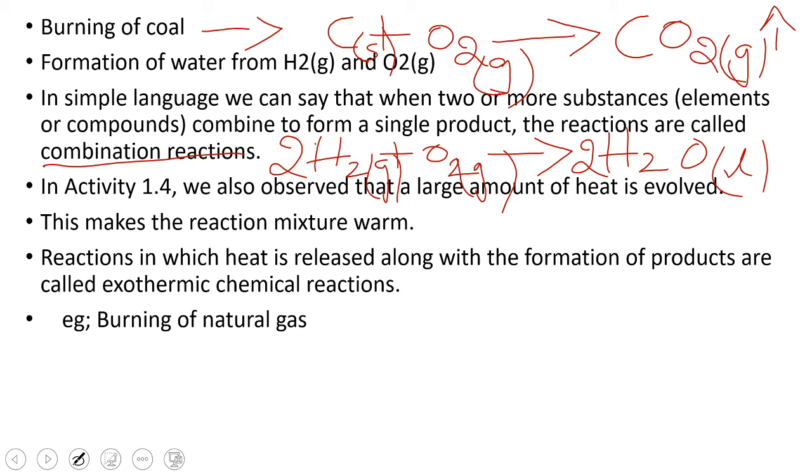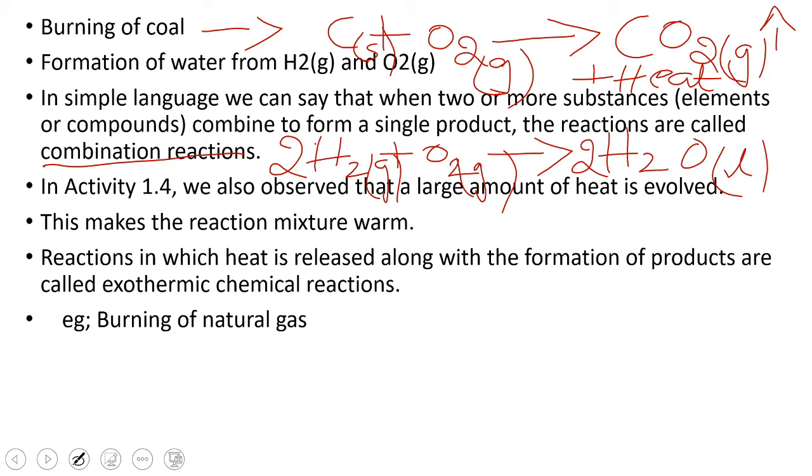If you observe, carbon burns with oxygen to give rise to carbon dioxide, and a large amount of heat energy is liberated. Here we can write heat also. This is a chemical reaction in which heat is liberated.